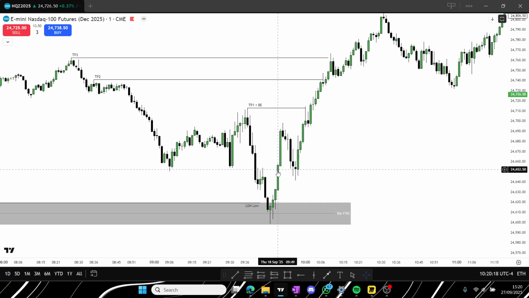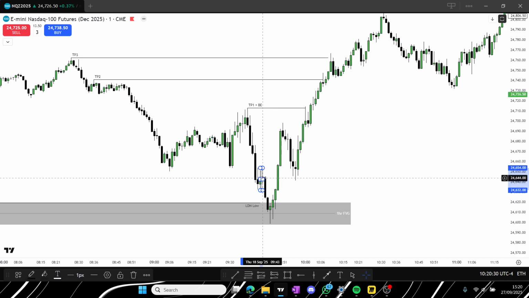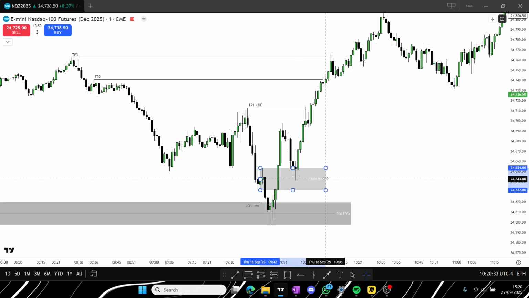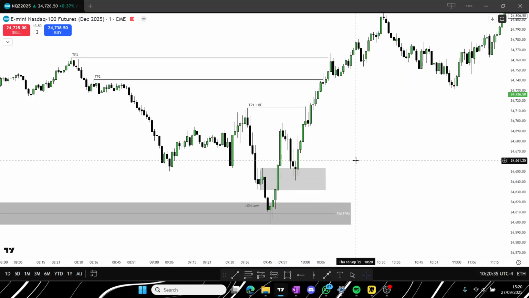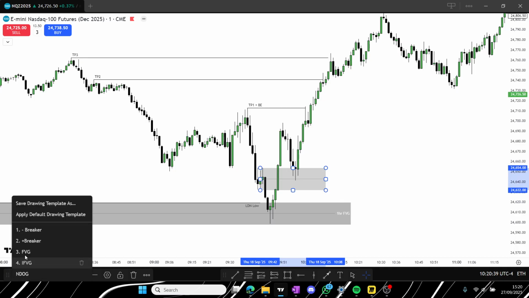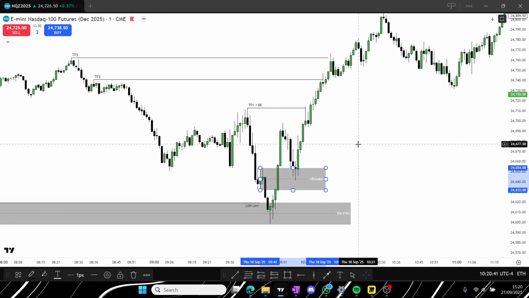Remember what I said, this is a valid breaker because this swing high gets broken through. Low, high, lower low, higher high. The way I draw my breakers is like this, wick to wick, draw that out in time. Boom. That's a breaker block right there. All right. So I'm going to label that a bullish breaker.